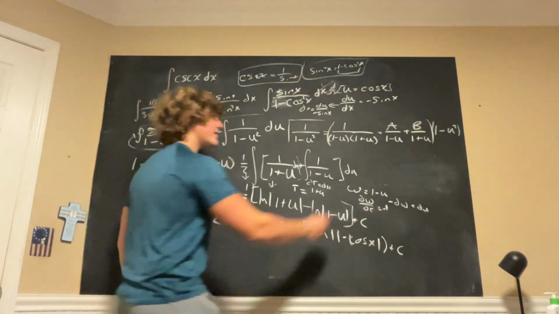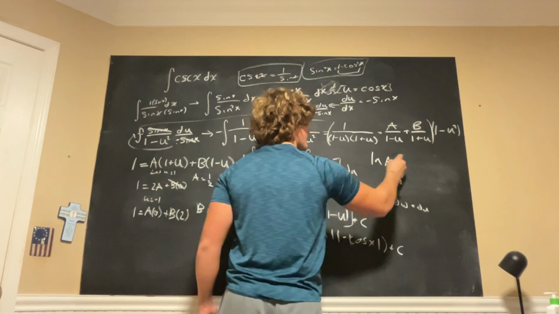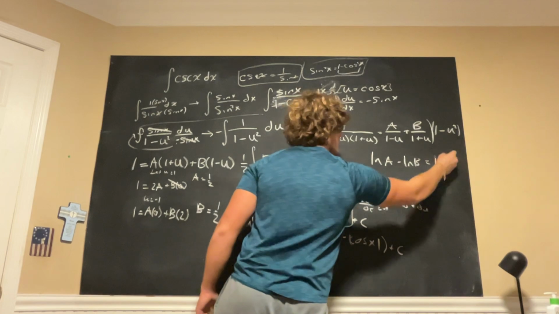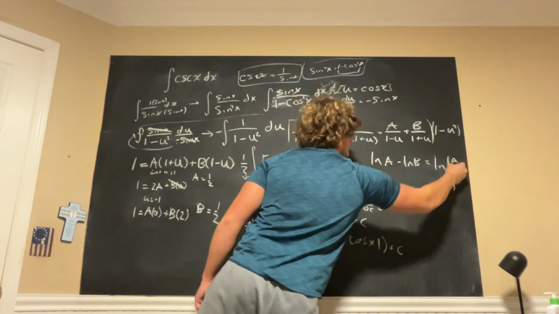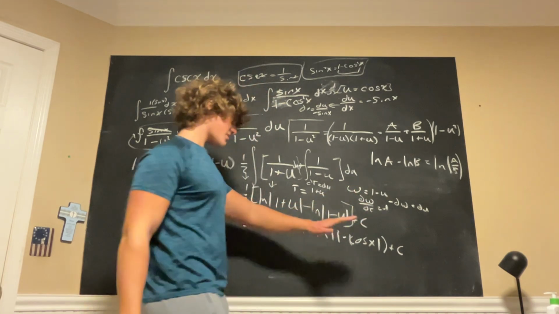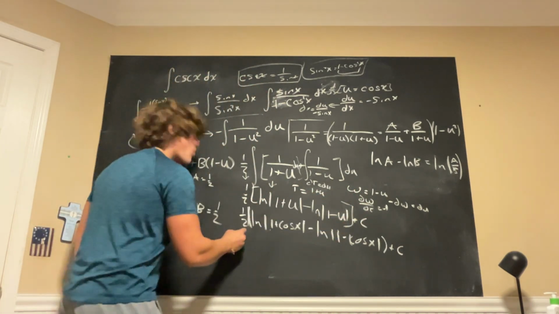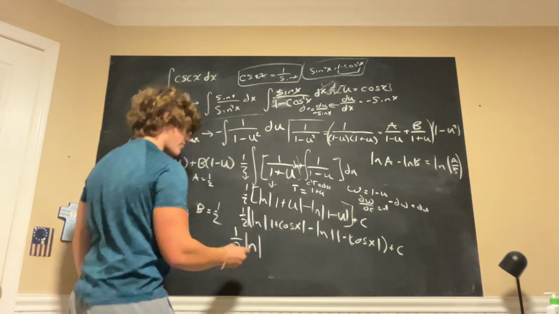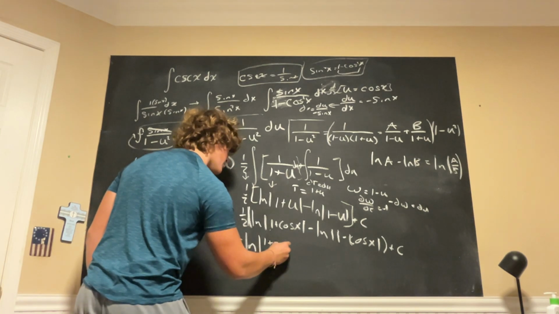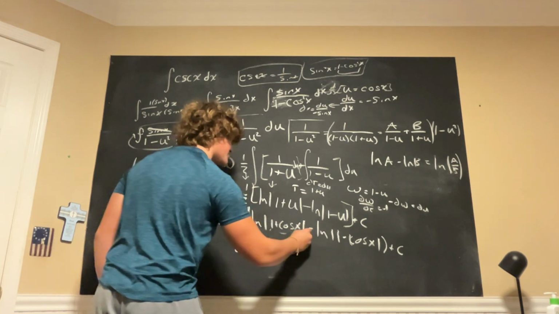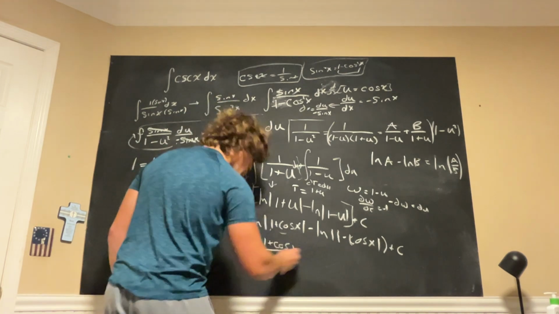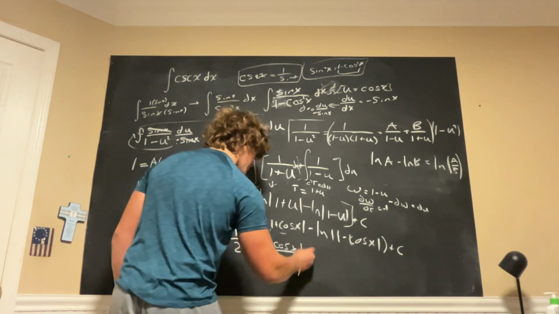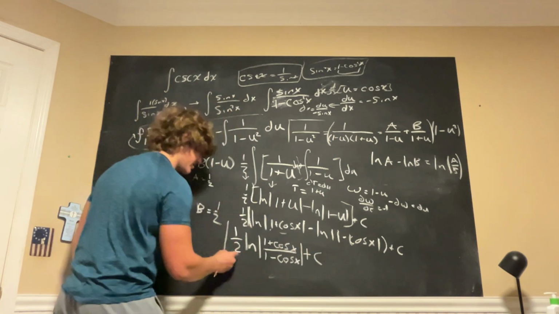Now ln of a minus ln of b is equal to ln of a over b. So this becomes 1/2 ln of 1 plus cosine x, divided by 1 minus cosine x, plus c. And this is our answer.